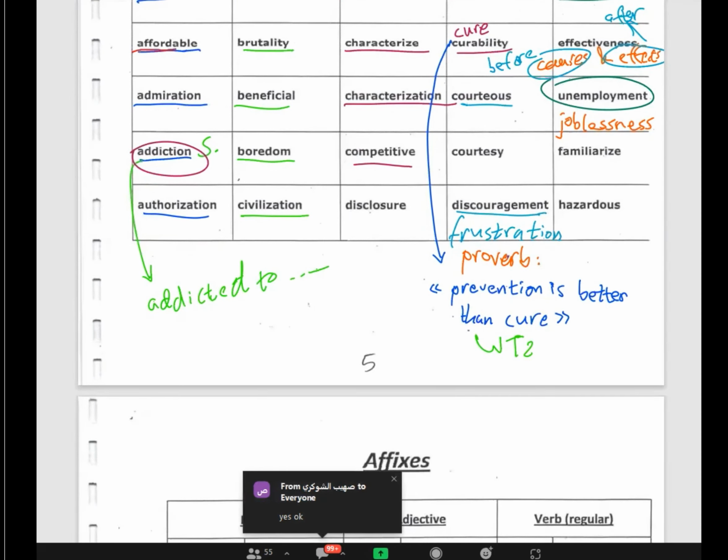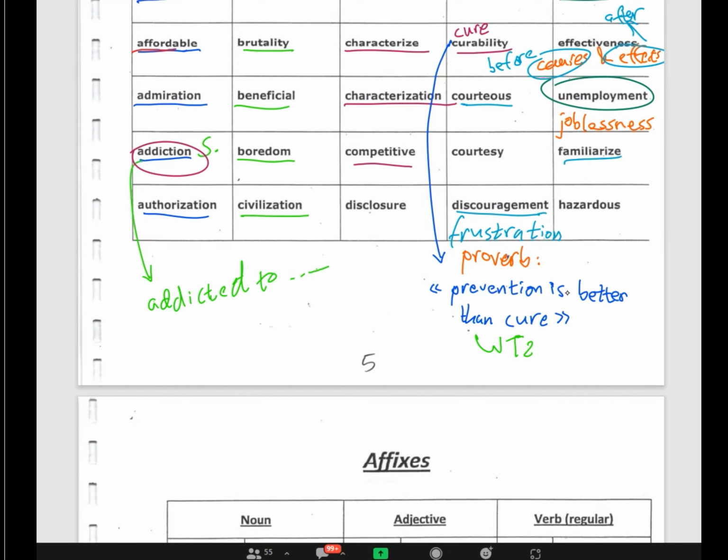Familiarize. To learn about something, to identify a place, to be familiar with a place or with somebody. Familiarize yourself when you go to college in the first week.